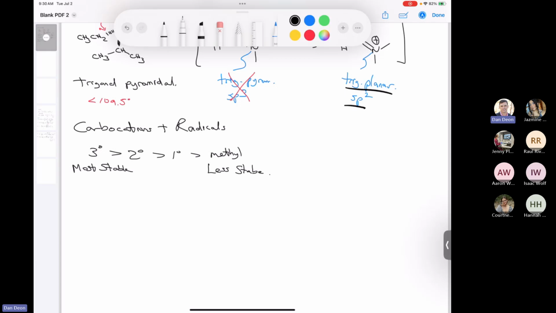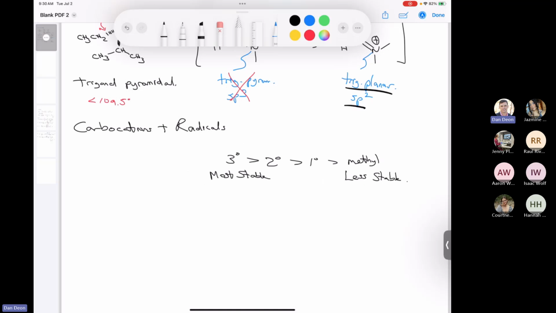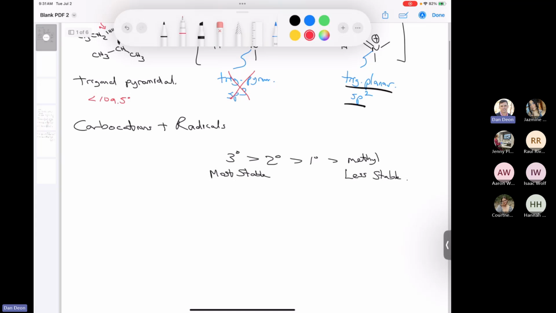But then we can have carbocations and radicals that are even more stable than these. What if we have something that's allylic? I don't ask my students to compare allylic carbocations, whether primary, secondary, or tertiary, though I guess you could compare those. But remember that you have things like benzylic and allylic, which are even more stable, whether they're primary, secondary, or tertiary. So make sure you're aware of that.